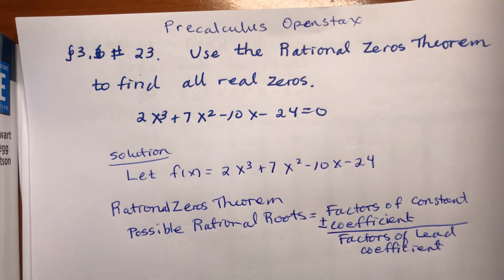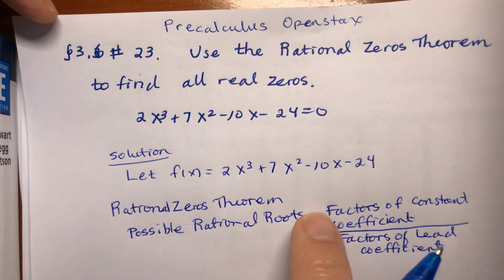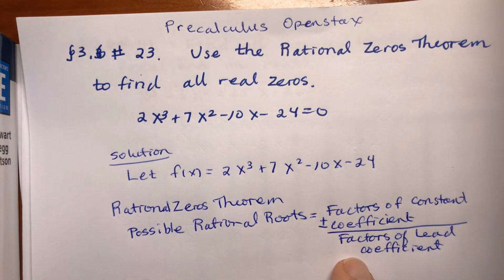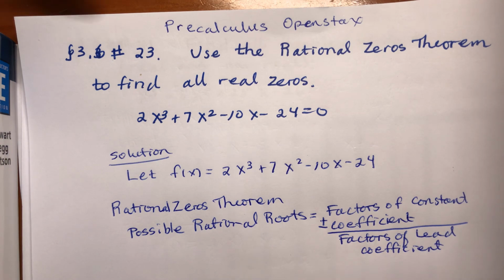So if you think of factors of possibly being negative, sometimes we don't think of it that way, but plus or minus the factors of the constant coefficient over the factors of the lead coefficient.